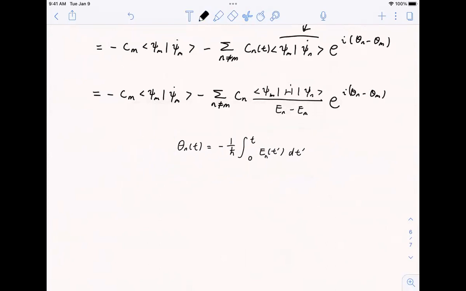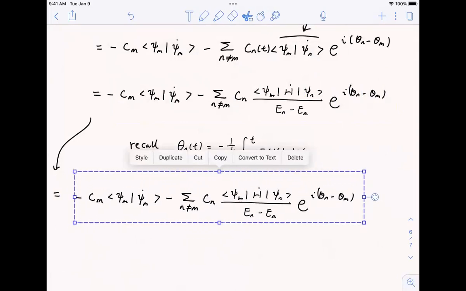Recall theta is this. So from this one, you write this.